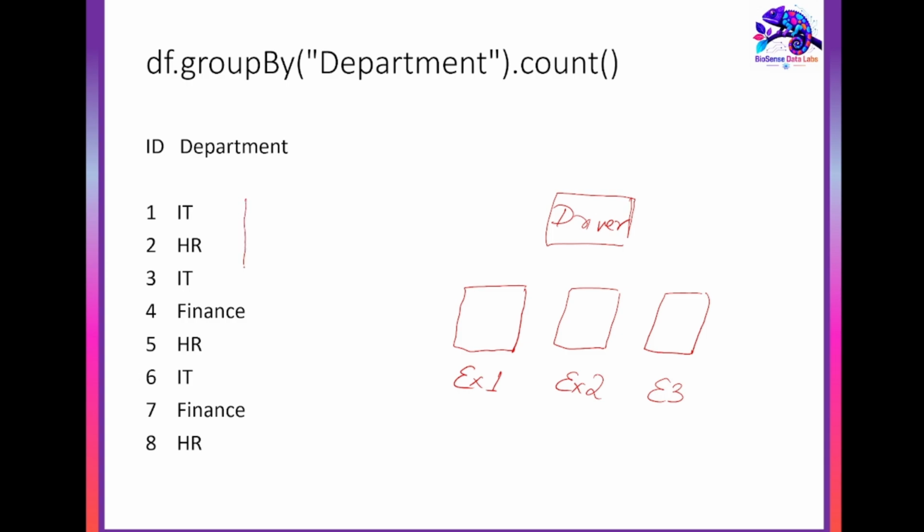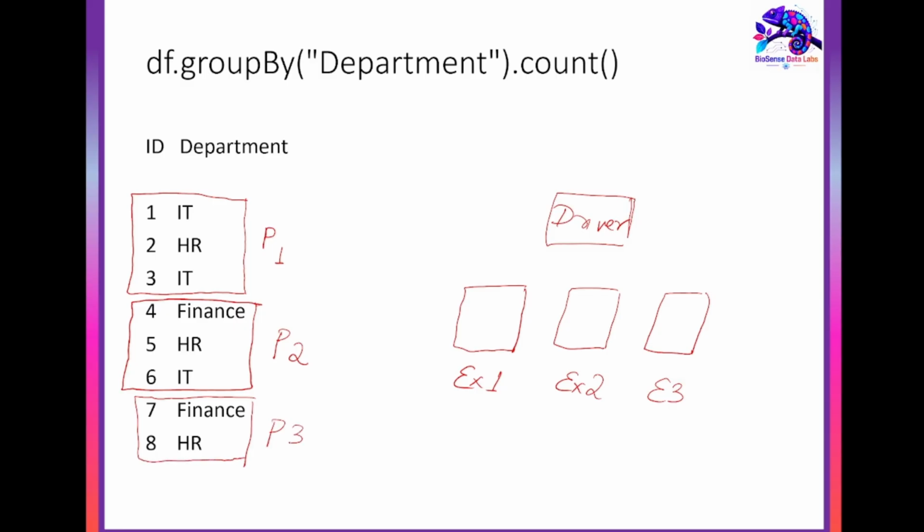And let's say these records 1, 2, 3 belong to partition 1. These 3 records 4, 5, 6 belong to partition 2, and this third one belongs to partition 3.